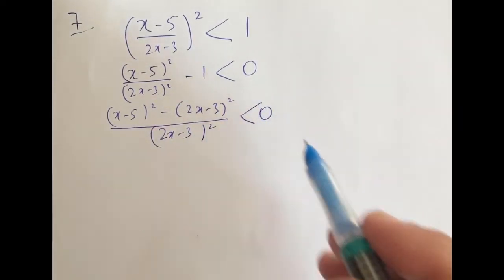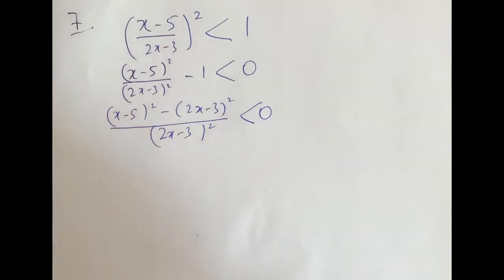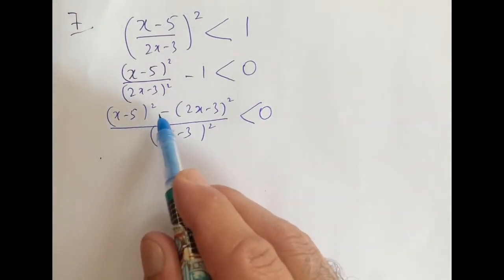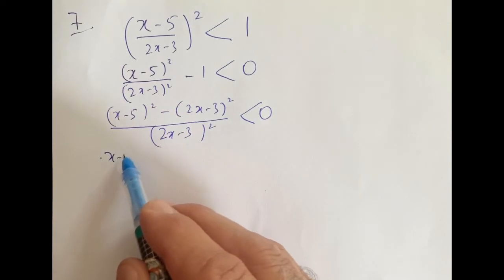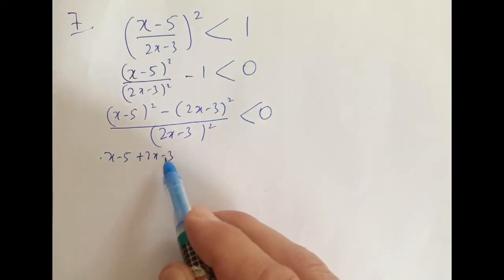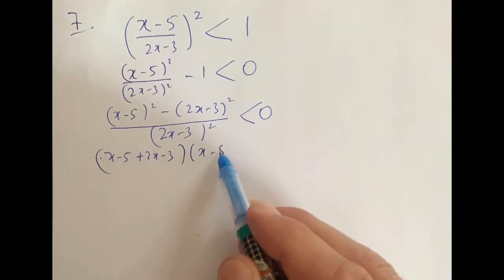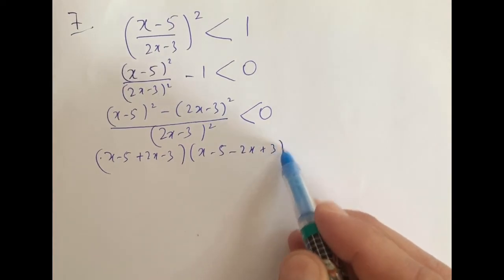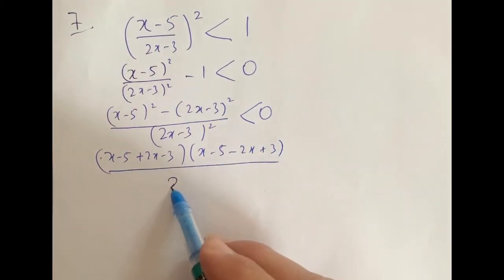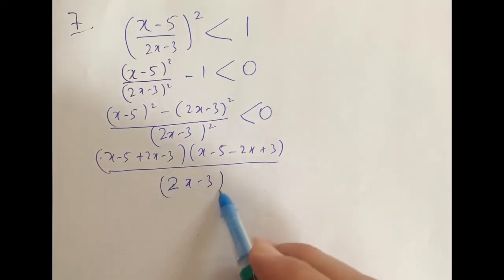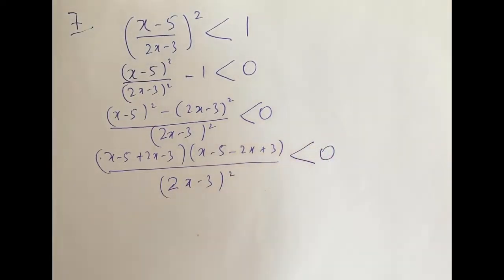This is less than 0. So this is like a square minus b square. This is (a plus b) into (a minus b) upon (2x minus 3) whole square and less than 0.